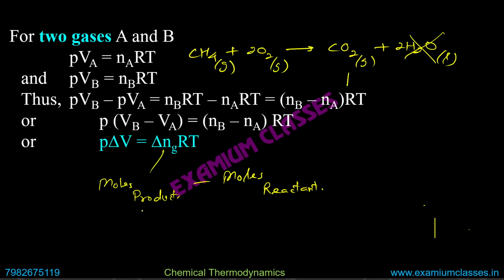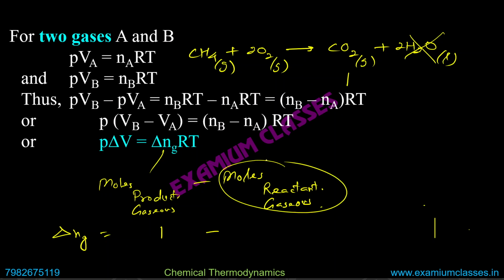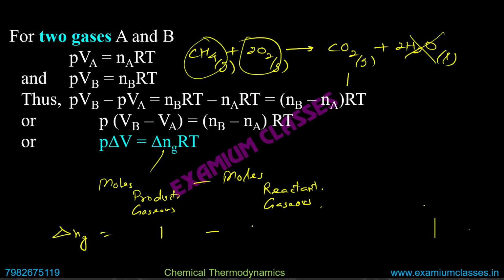In delta Ng, g indicates gaseous only. So delta Ng will be the number of moles of products, only 1, minus the number of moles of gaseous reactants, 1 here and 2 here, total 3. So delta Ng in this case will be minus 2. That's how you will calculate the value of delta Ng in numericals.